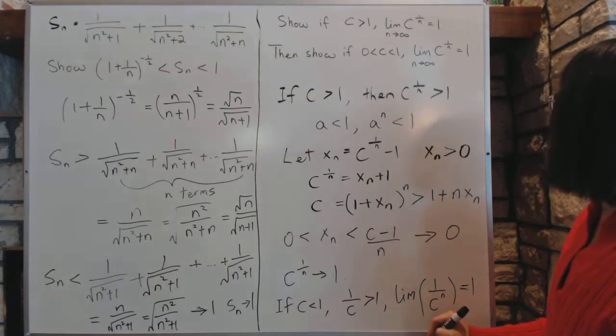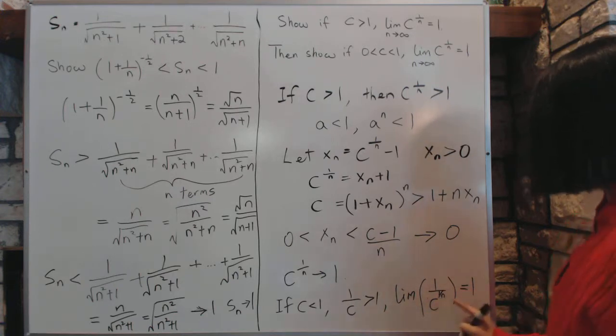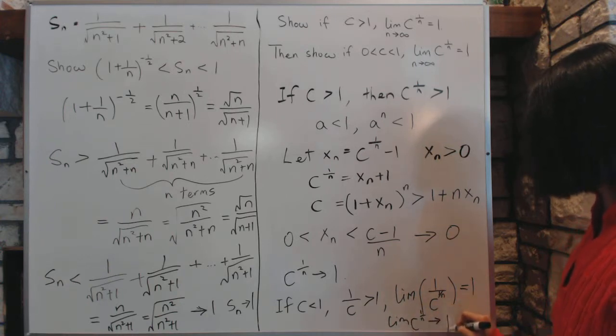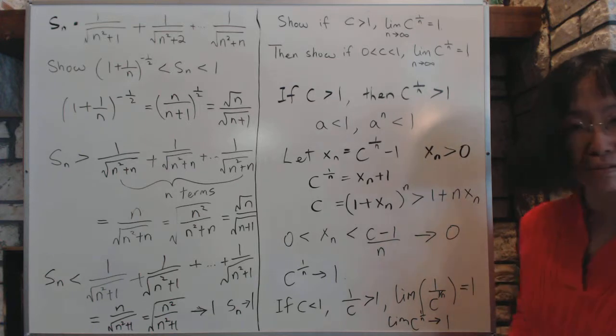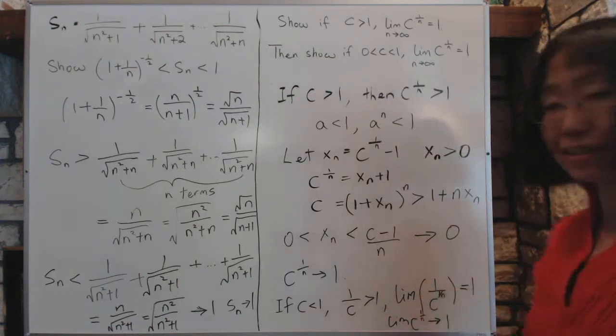Which means that if it goes to 1, then the limit of just c to the power 1 over n also goes to 1 as well. So it quickly uses the previous result to prove that even when c is less than 1, the result is identical.